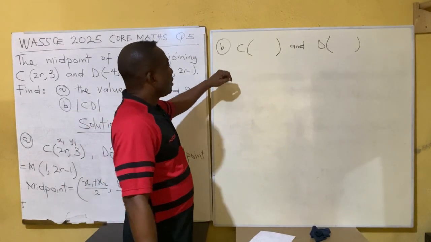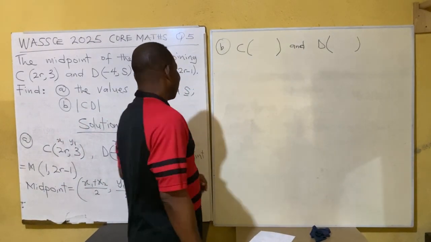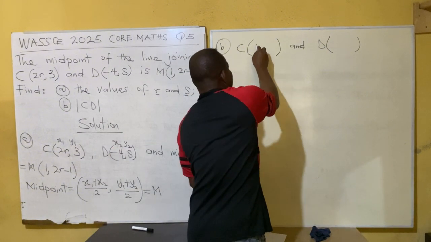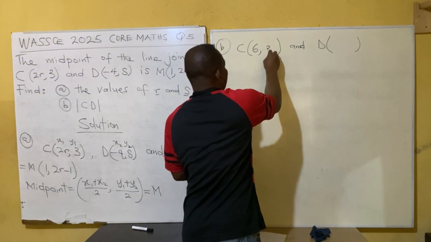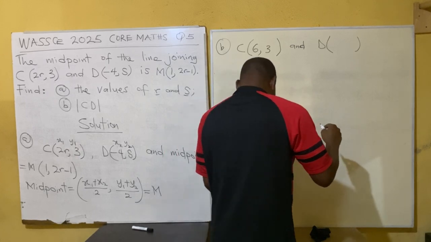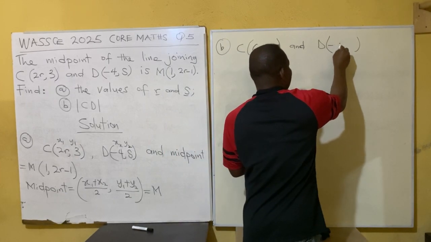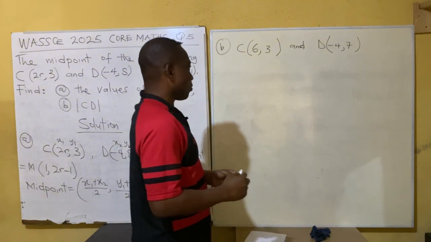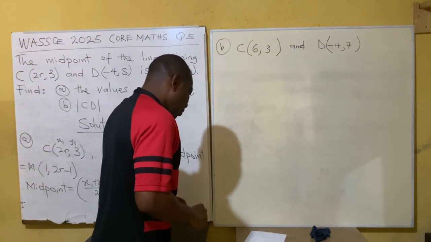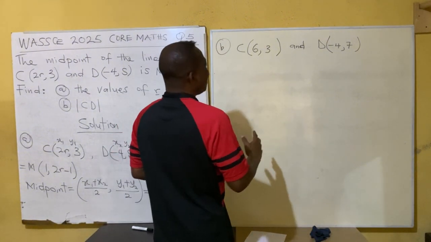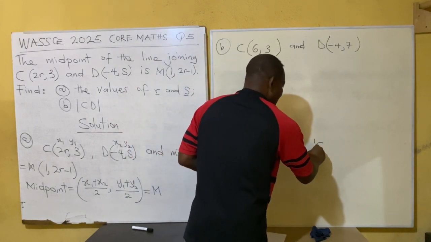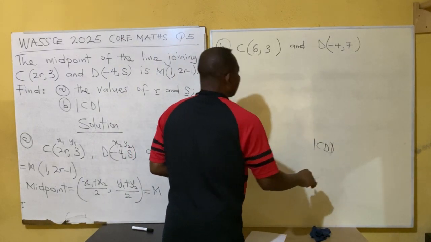For the B, the coordinate of C is now (6, 3), and that for D is (-4, 7). So these are the coordinates. Here we are required to determine the magnitude of CD, the length of CD.